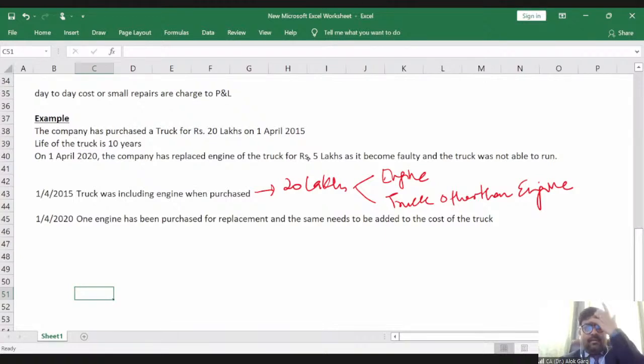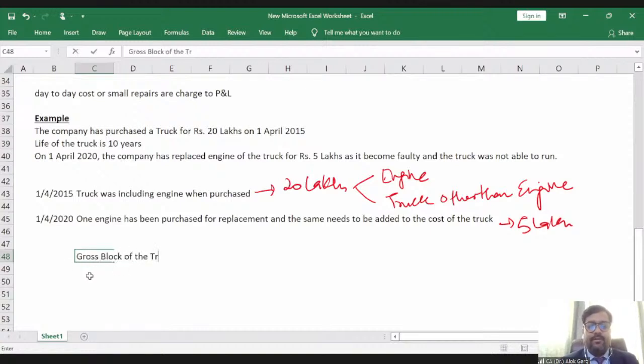So friends, tell me one thing, if I add this 5 lakhs to this truck, I'm talking about the gross block of the truck, don't you think it will become 20 lakhs plus 5 lakhs, so 25 lakhs?